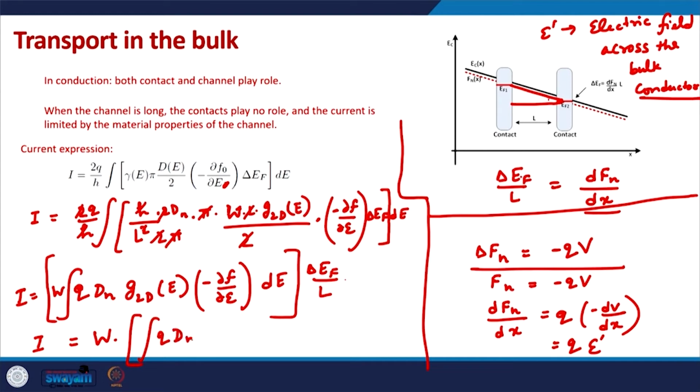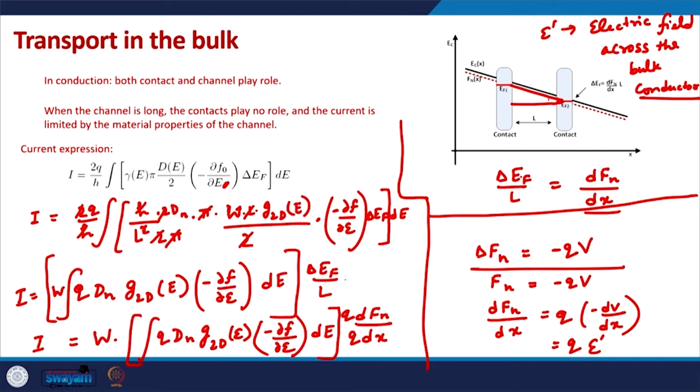Q dn G2D(E) minus del F by del E dE. This can be written as dFn by dx, and if we divide and multiply by q, this dFn by q dx will be E prime essentially.